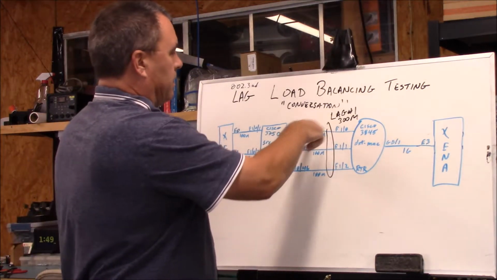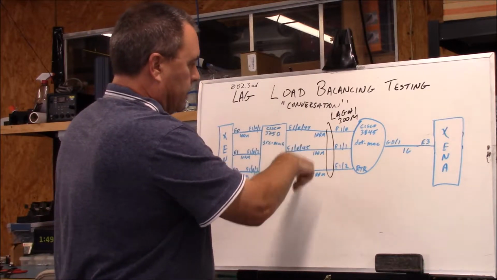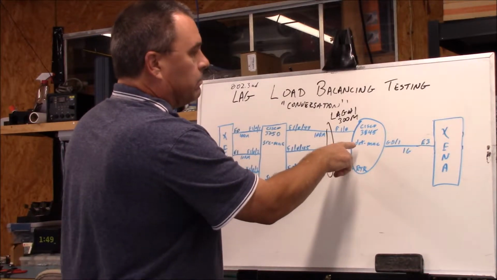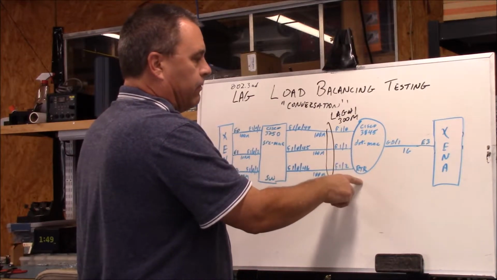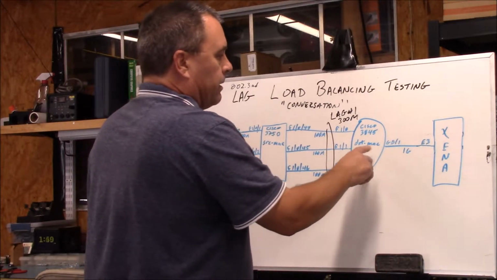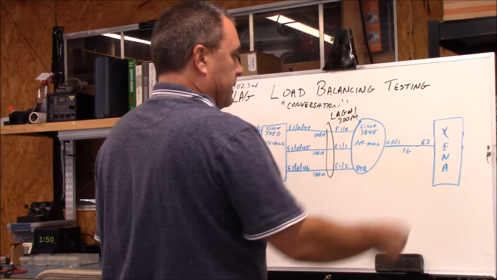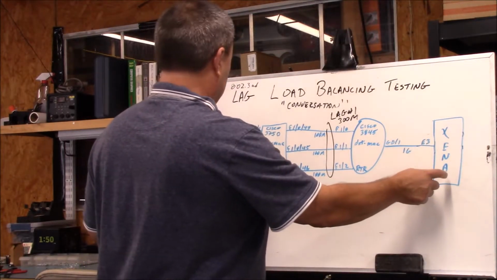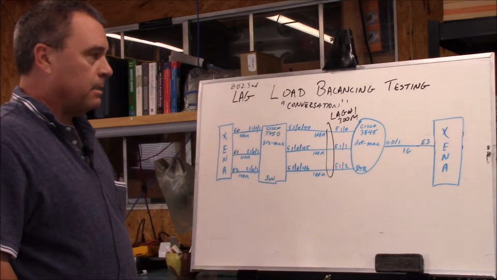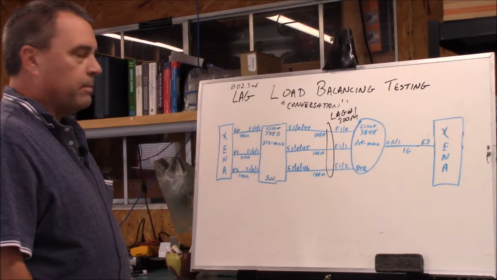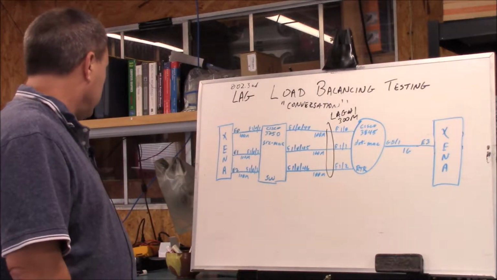They're each 100 meg Ethernet links, going to the Cisco 3845 router. And then the router's got a gig port going over to the Xena test set. These two Xena boxes are actually the same test set. I'm just drawing it this way to make it easier to look at.